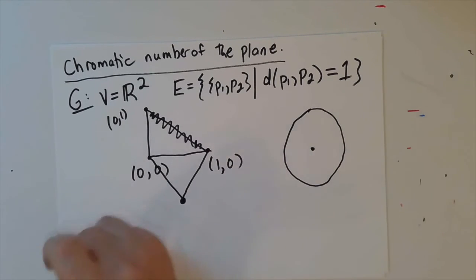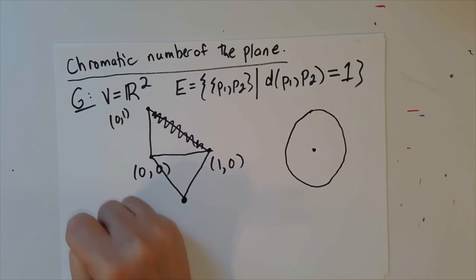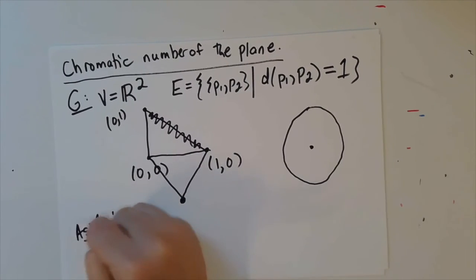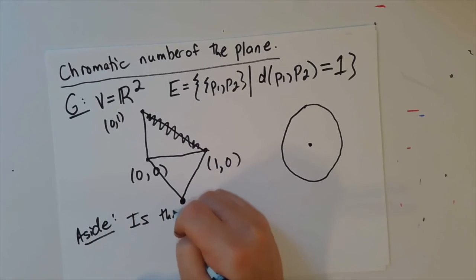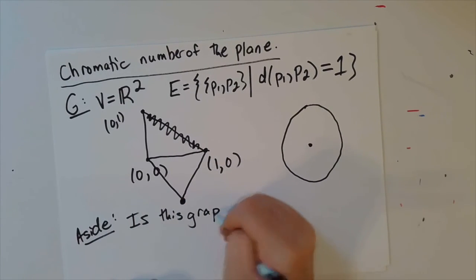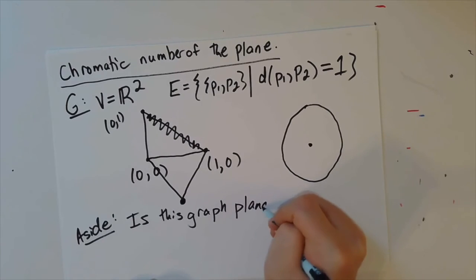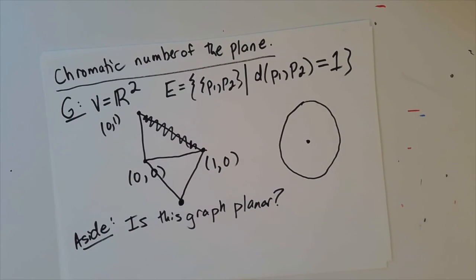Okay, quick aside just to make sure that we're on the same page. You might ask, is this graph planar? Your first inclination might be to say, oh yes, definitely this graph is planar because the points in this graph are literally the points in the plane. So how much more in the plane could this graph get?